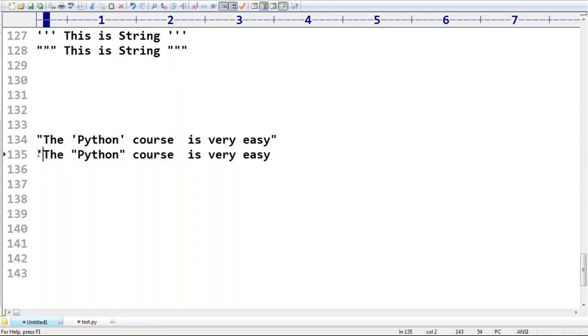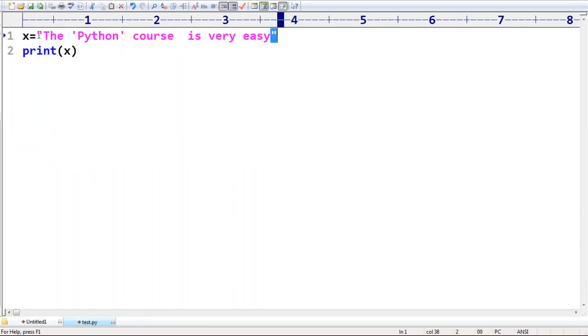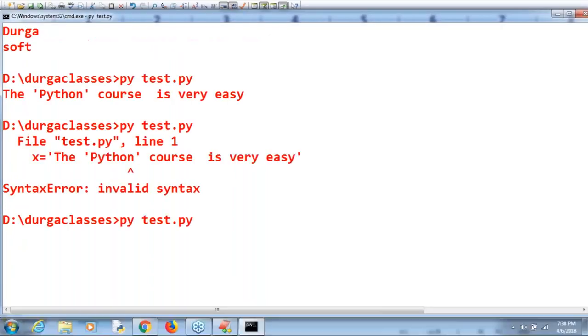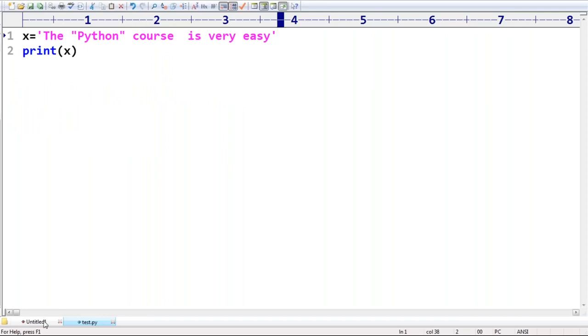Within single quotes, no problem. Here single quote and single quote, acceptable, no issue at all. Now have a look, I'm taking single quotes around Python. If you observe the output, you can see double quotes, no problem at all.